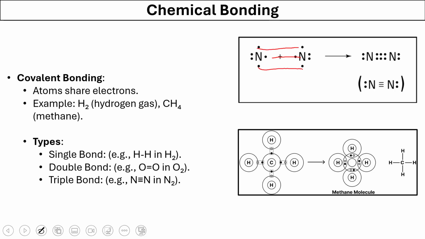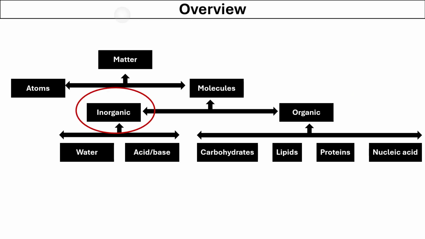So if they share these electrons, they would have 1, 2, 3, 4, 5, 6, 7, 8, and the other nitrogen will also have 8 electrons out of sharing. Therefore, having 8 and 8 satisfies the needs of both the nitrogen atoms involved, and this kind of bonding is called covalent bonding.